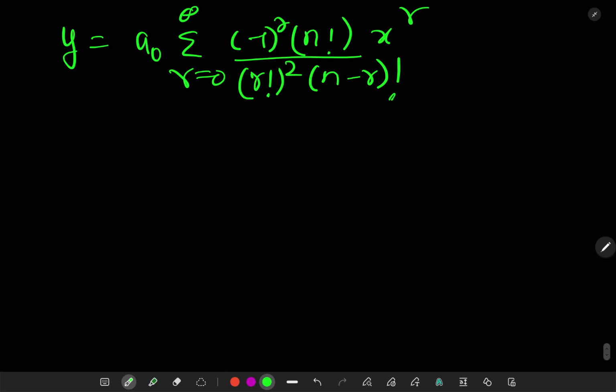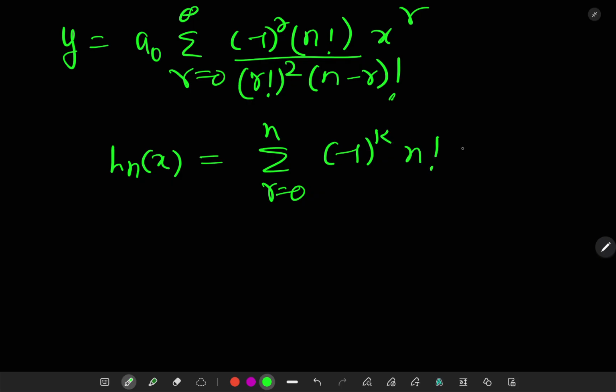Here the Laguerre polynomial is denoted by Ln x, which is equal to summation r from 0 to n of factorial n x raised to power r divided by factorial r square into n minus r factorial.